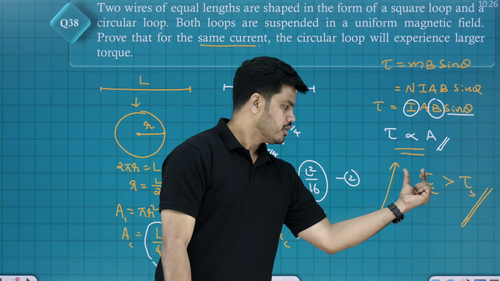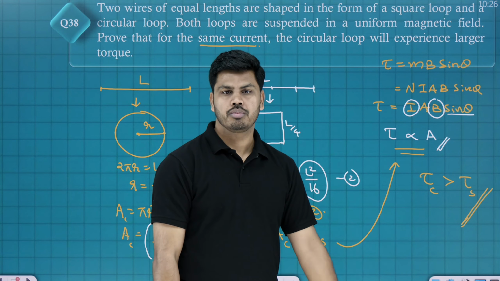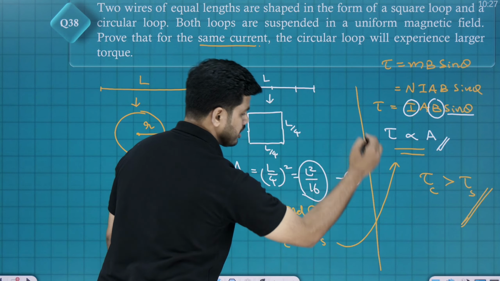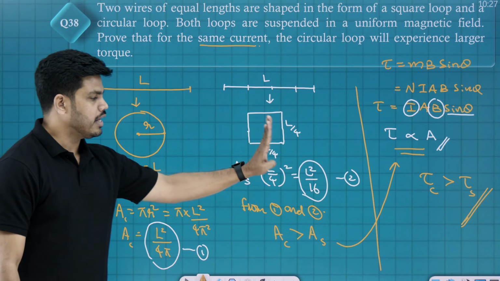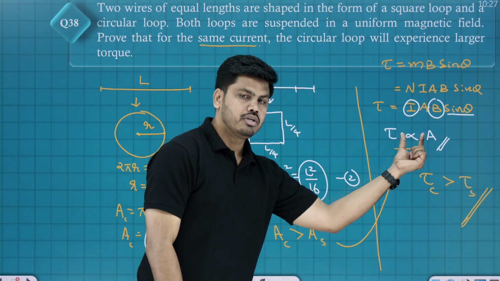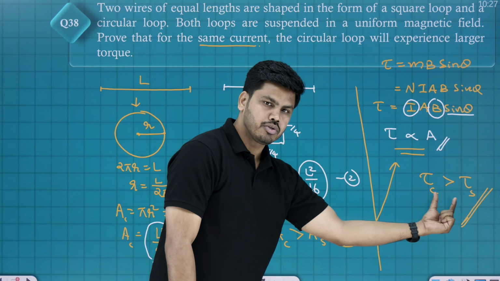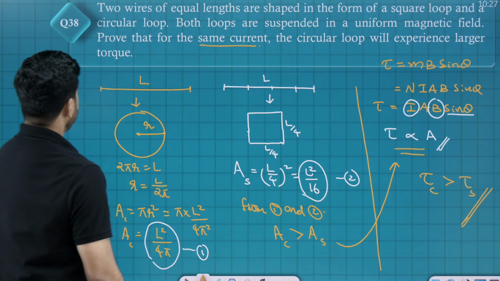You're asked to show that torque on the circular loop is more than that of the square loop, and this is proved. So this is the conclusion. We checked the area of both the loops, and we found torque is directly proportional to the area. The one which has greater area has greater torque. That's it.